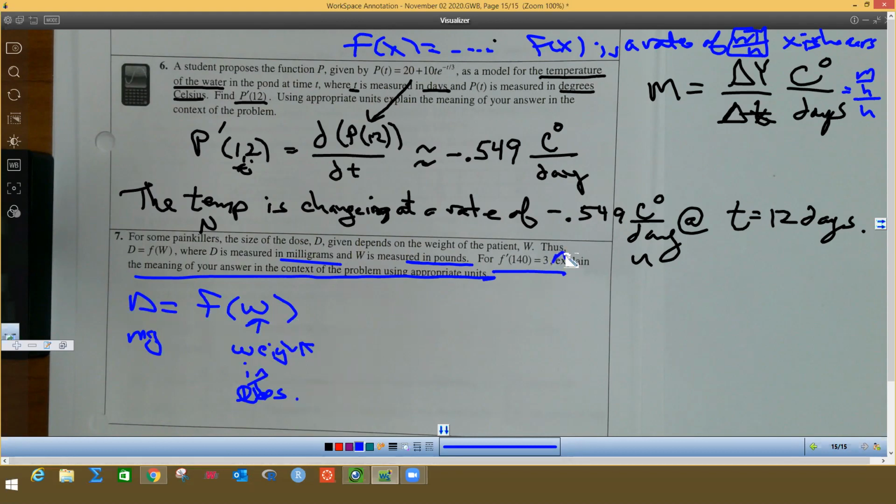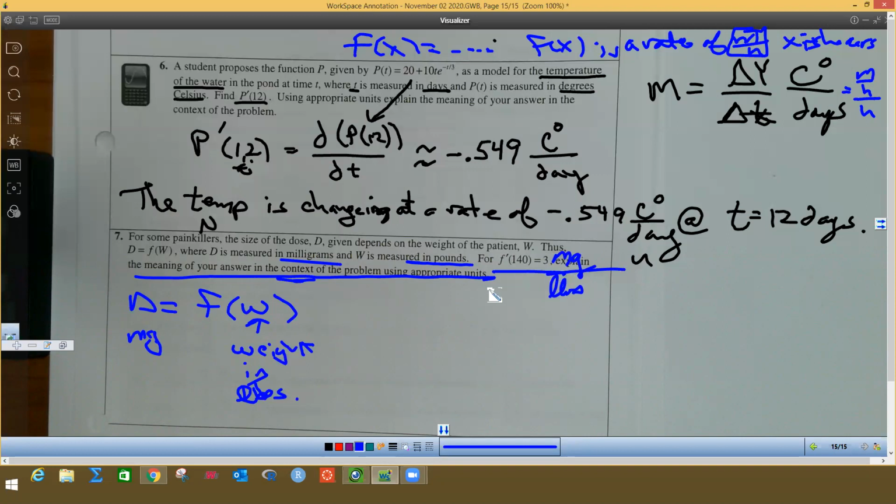So this is milligrams per, what's the W part? Which is the x part? Pounds, or the weight of the person in pounds. So milligrams per pound is your answer. Now, I have not talked about what this means in the context of the problem yet, but this is my units. 3 milligrams per pound. We all okay over there?